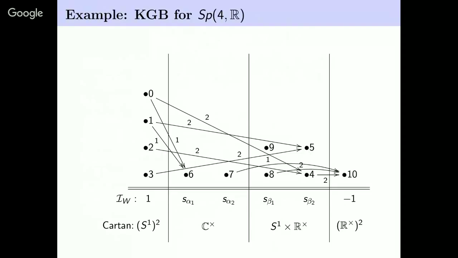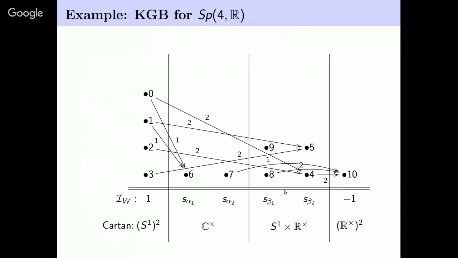This is the KGB space for Sp4, and it has 11 elements numbered 0 through 10. Those are the black dots. And right here, this row is the involutions in the Weyl group. There's the identity. There are the two short reflections, alpha 1 and alpha 2 are short roots, and beta 1 and beta 2 are the long roots.